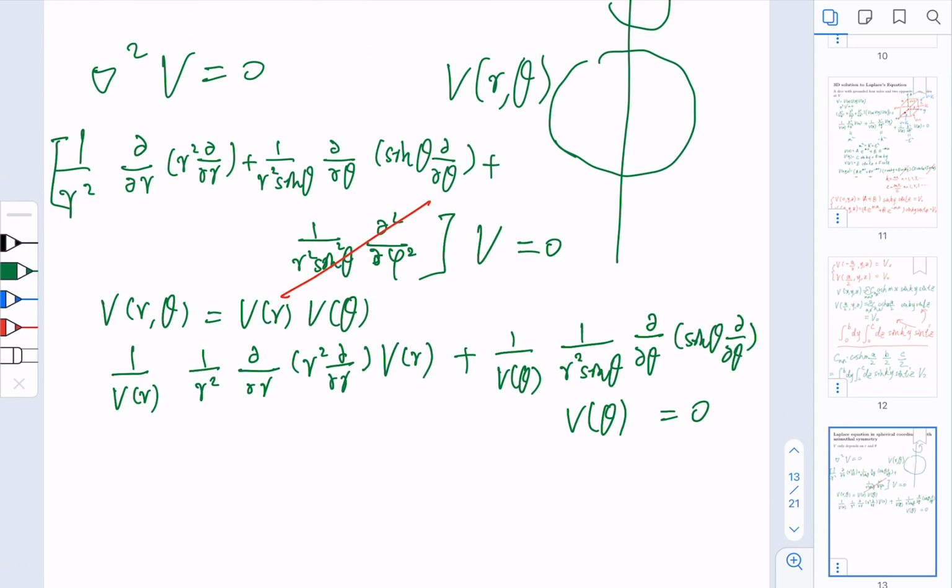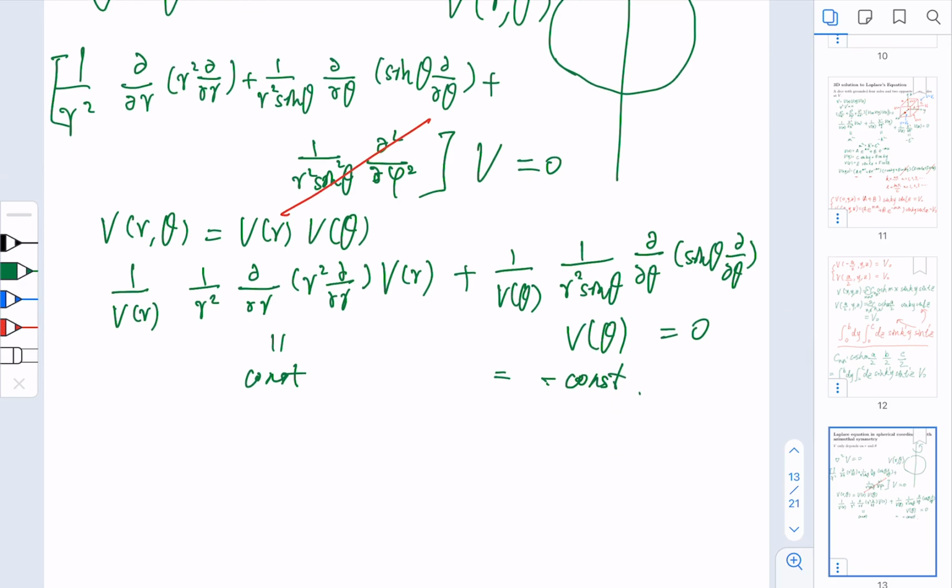So again, these 2 terms can be separated. So the first term will equal a constant, and the second term will equal a negative constant. Now let's define the constant here to be L times L plus 1.